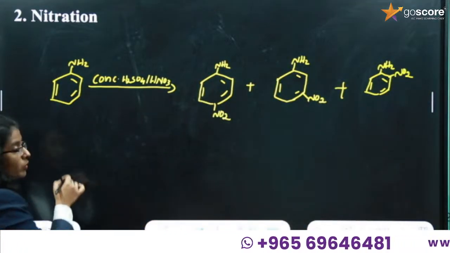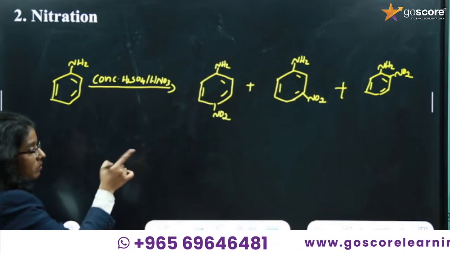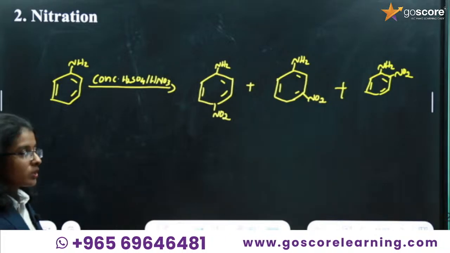So if you are doing direct nitration, you will get para-nitroaniline, meta-nitroaniline, ortho-nitroaniline.